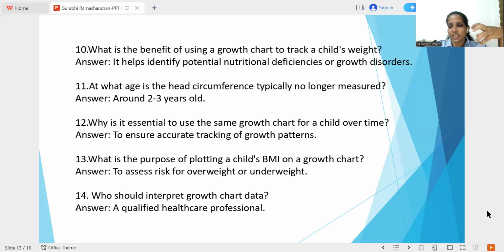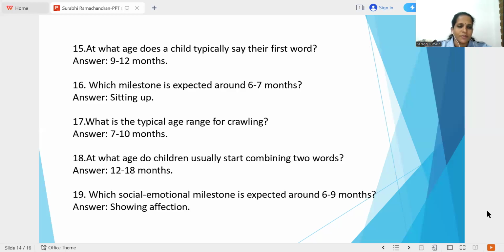Nowadays most children are chubby and fat, so by maintaining the growth chart, we can make out whether the child is overweight or underweight. Who should interpret growth chart data? Only a qualified healthcare professional.